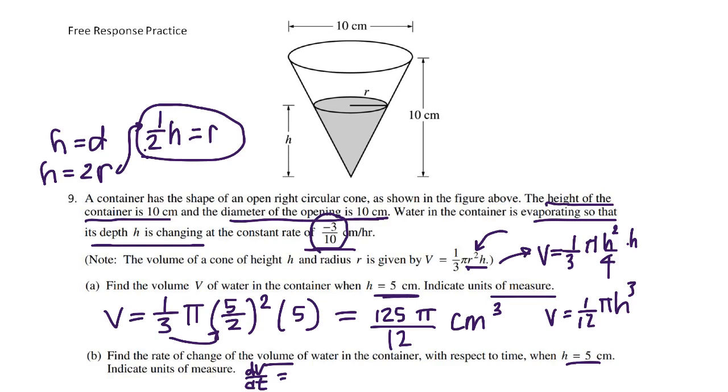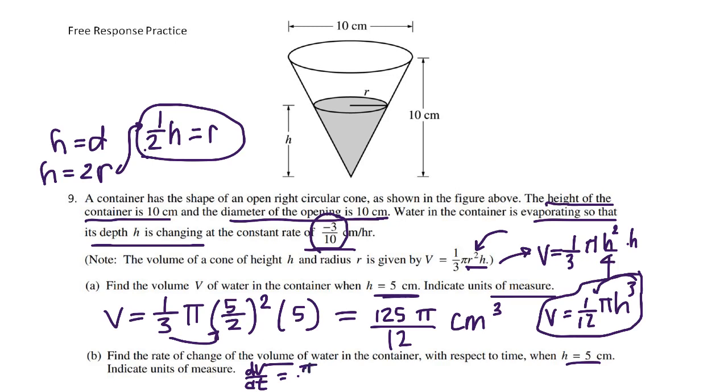And so that's going to make that a lot easier to find the derivative of. So let's see, dV dt equals, and I'm going to find the derivative of this problem here because it's the same exact thing. It's just written in terms of our height, so it makes it a little bit easier for us. So that's going to be 3 times 1/12, so that's going to be 1/4 pi.